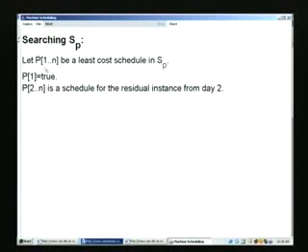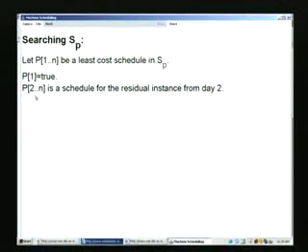So if P is a least cost schedule, what do we know about it? Well, we know that P of 1 is equal to true. Why? Because P is a least cost schedule in S sub P, and S sub P is a set of schedules in which the machine is on the first day. So P of 1 must be true.